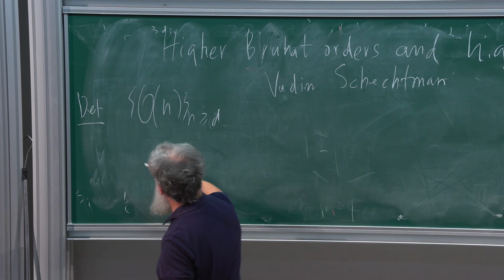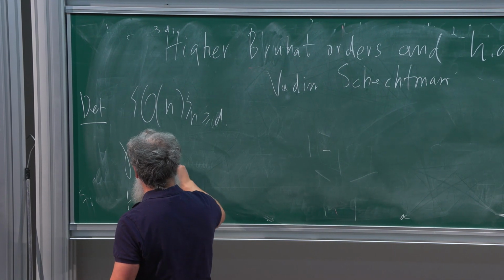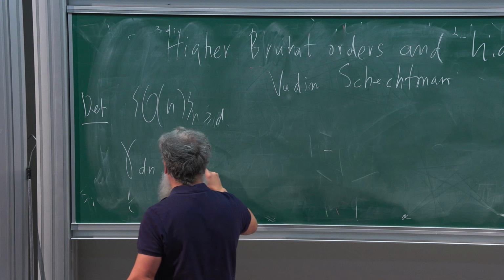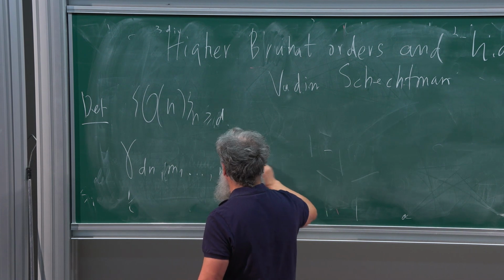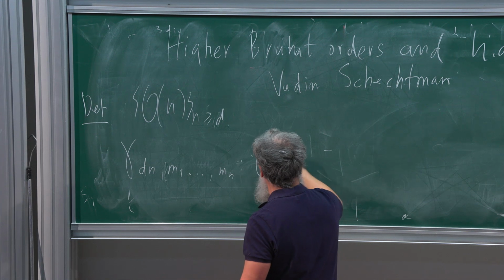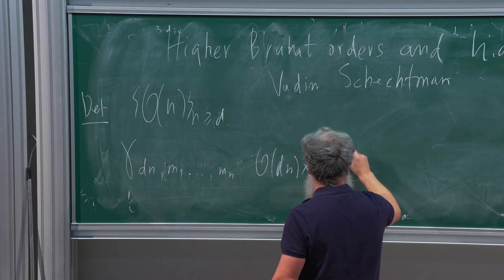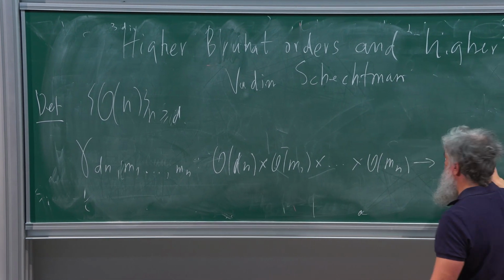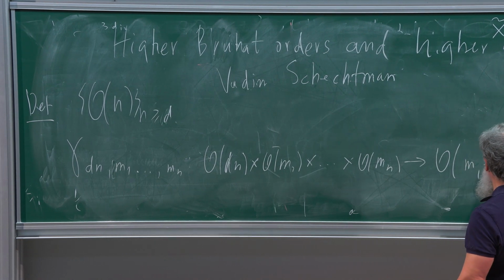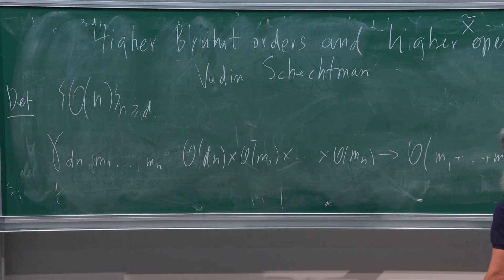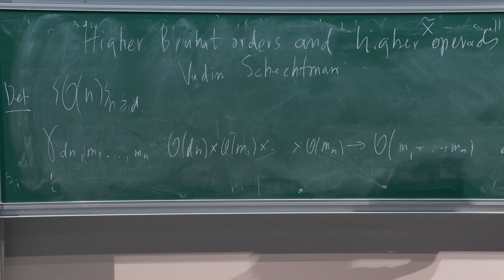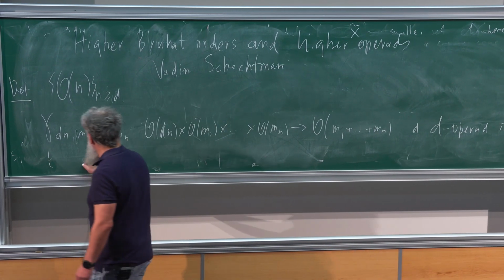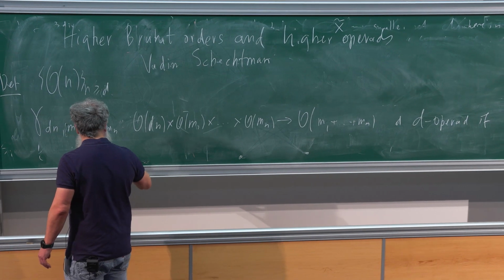We call an operation O(dn), with M1, ..., Mn, which sends O(dn) and O(M1), ..., O(Mn) to O(M1 + ... + Mn), a d-operad if it is associative, it is d-associative.